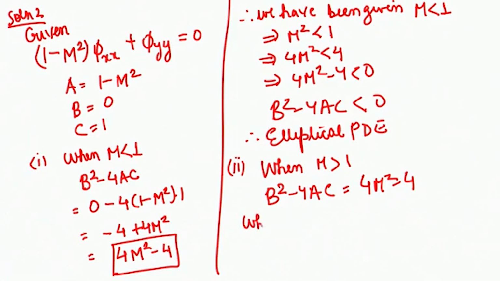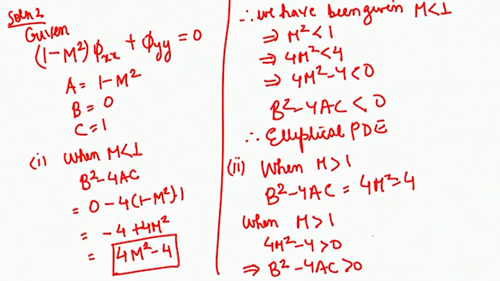So when m is greater than 1, this means 4m square minus 4 is going to be greater than 0, which implies b square minus 4ac is greater than 0. This implies it is a hyperbolic PDE.